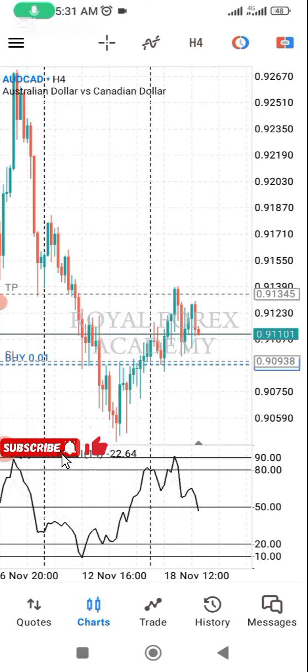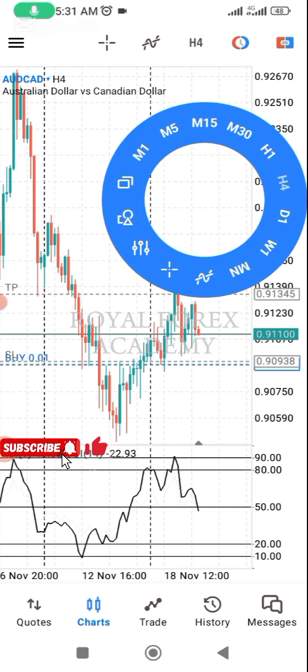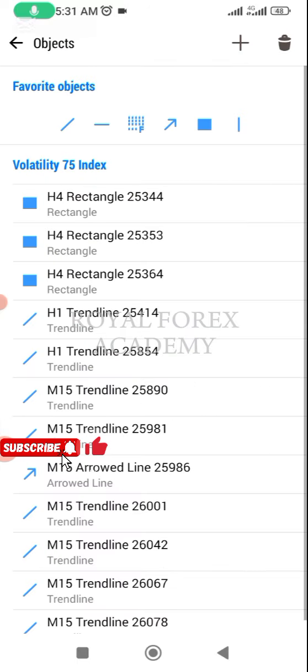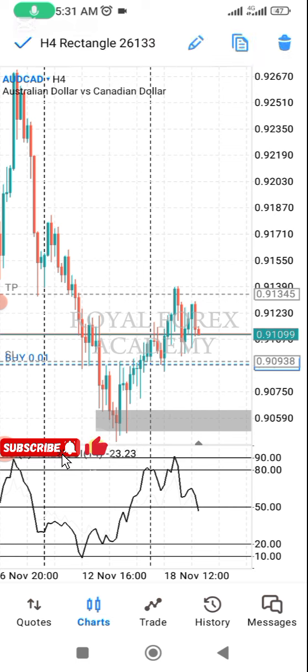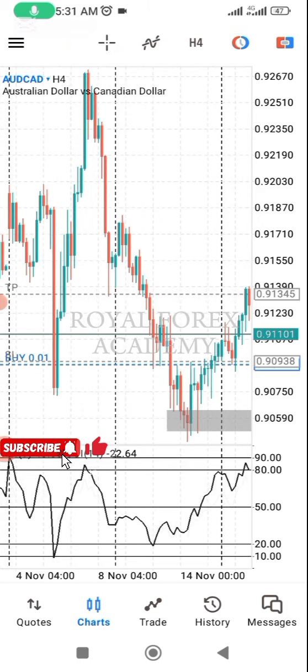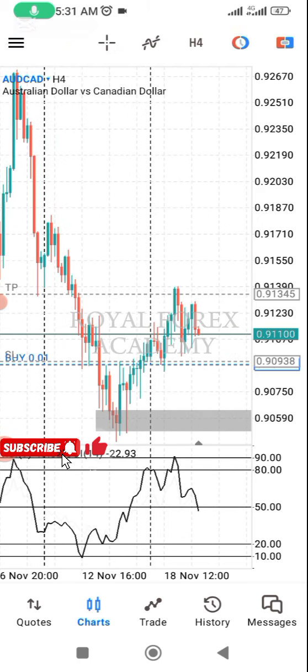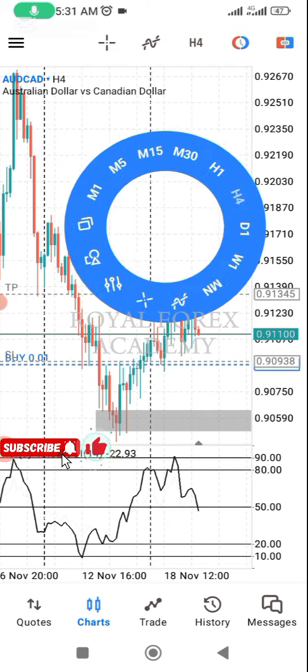Let's look at H4, and this is AUD CAD. So we'll be marking our area of support and resistance. So already price has taken off from this zone. So what do we do?